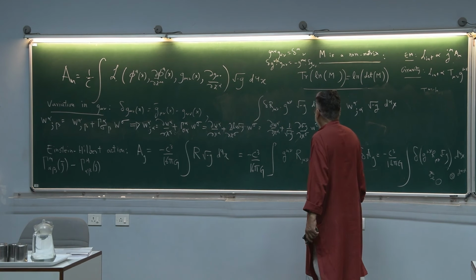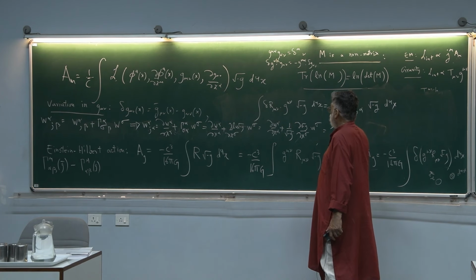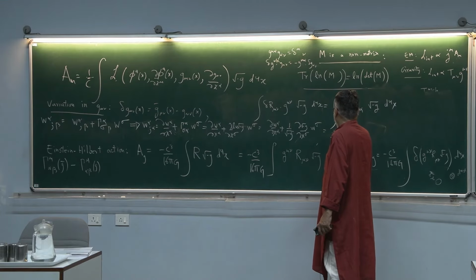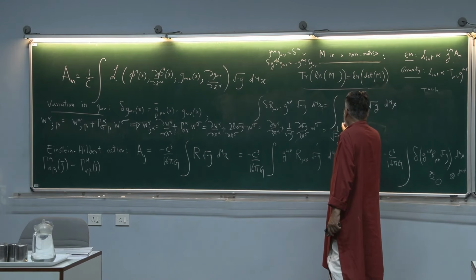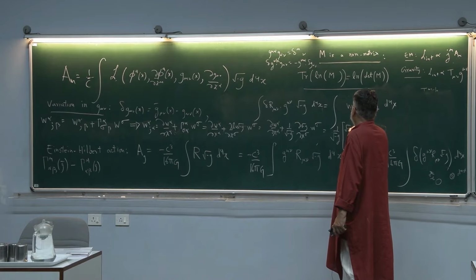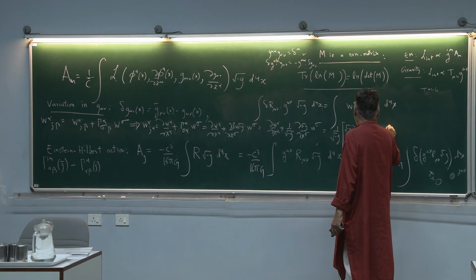What I can do is take 1 over root minus g common throughout. Then I have root minus g del W alpha by del X alpha plus del root minus g by del X sigma W sigma.